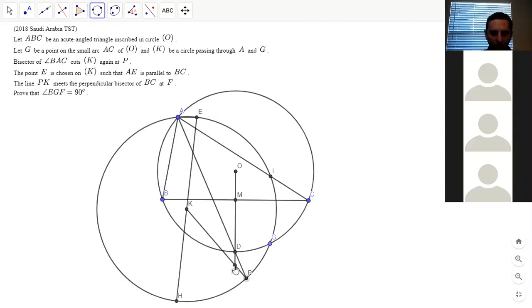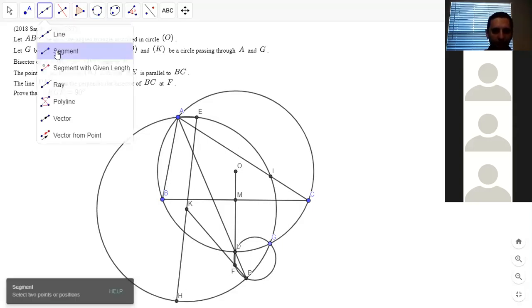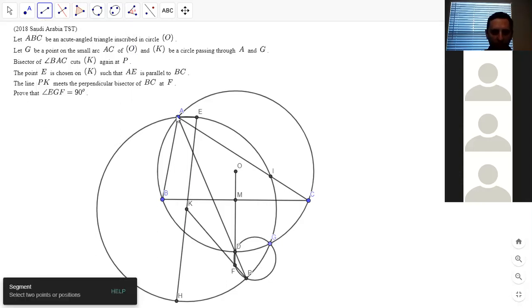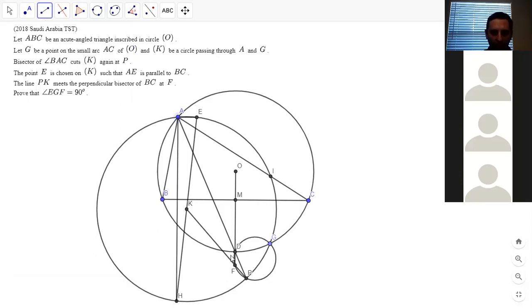So how did you get AH? So because AH is perpendicular to AE. Okay. Yeah. And then an angle chase gets that it's cyclic. No, actually, I guess we want to prove it.